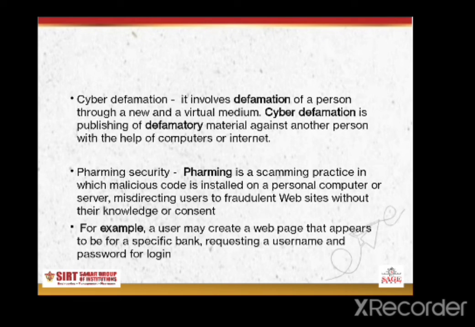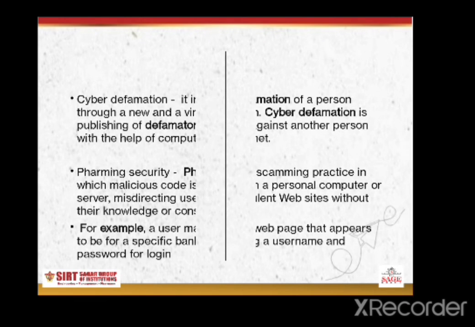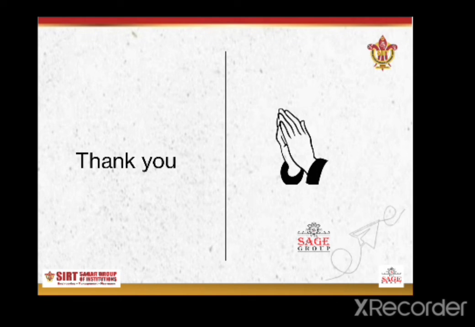For example, a user may create a web page that appears to be a specific bank requesting a username and password. It means someone makes duplicate pages, and we think that it is the actual page, but it is not, and we put our personal information like username and password, and they will steal our information. So this is what pharming security is. Now thank you so much.